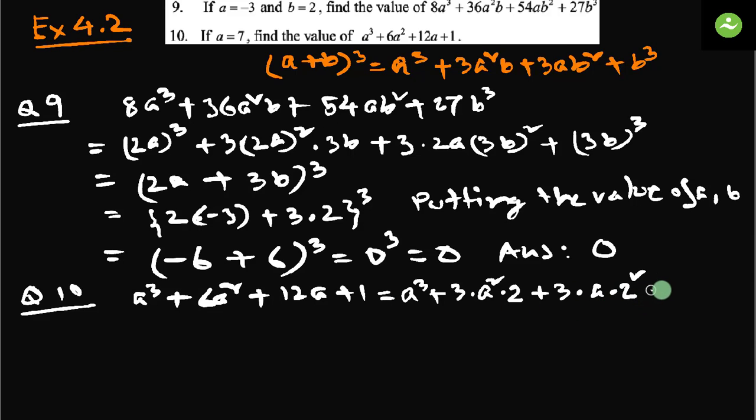And what should be b? 2. 2 cube. So how much more have we written? This equals 8. Here was only 1. So we have to deduct 7.